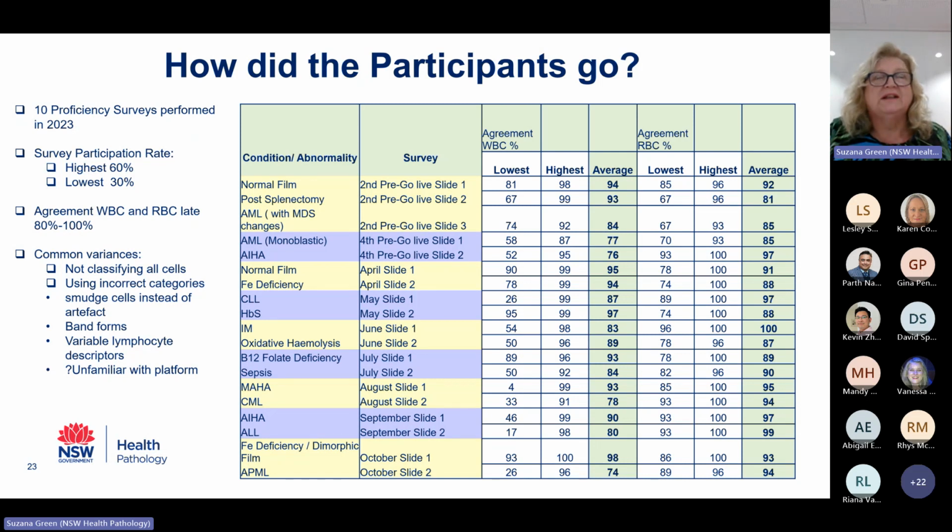It usually was one red cell condition, one white cell condition, right through to your chronics, your hemolytics, the acute leukemias. As you can see, on average, they did very, very well for the agreement for white cells and red cells. Again, that 4% has brought down the average. Had they put it into the segmented neutrophils, that would have been 100%. So well done to our morphologists.